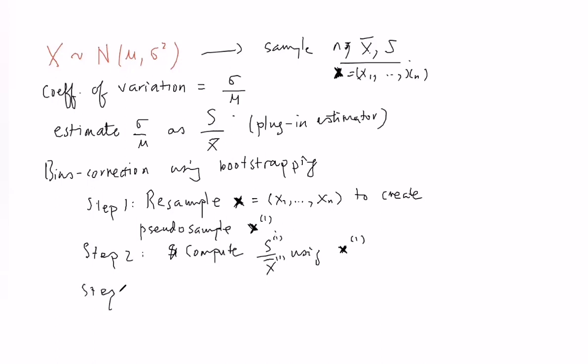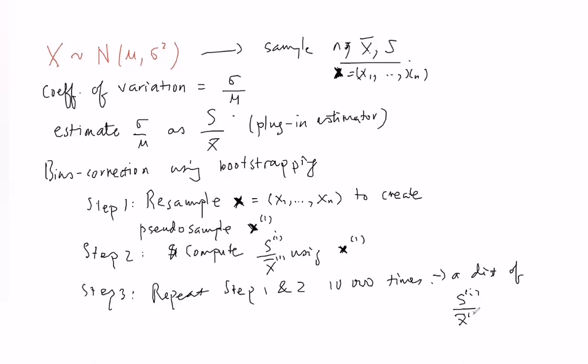And step 3 is just to repeat steps 1 and 2, say 10,000 times, right? So that will generate a distribution of S over X bar.